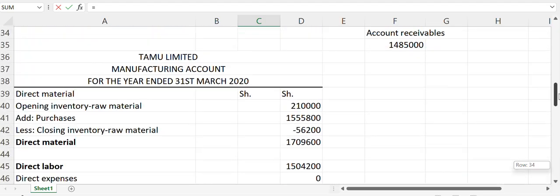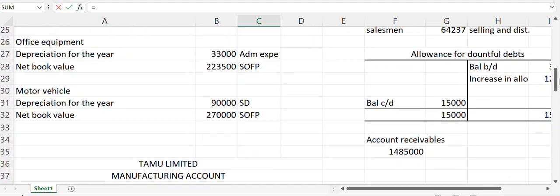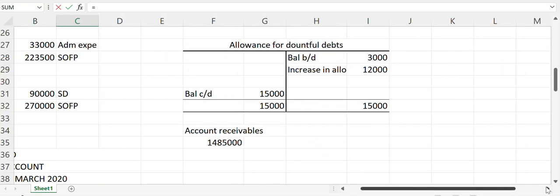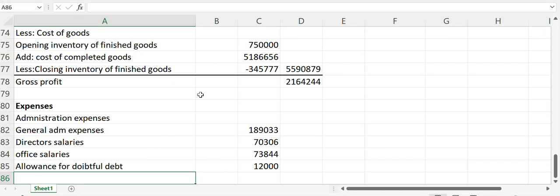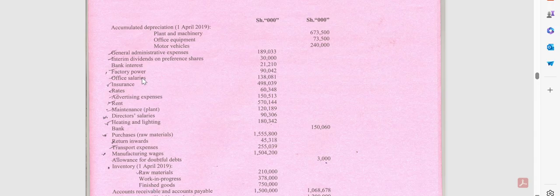You can remember. Increase, yeah. Let us check now for any other item. So factory officers we are done, insurance rates we were done, advertising, rent we were done, maintenance we are done, director salaries we are done.